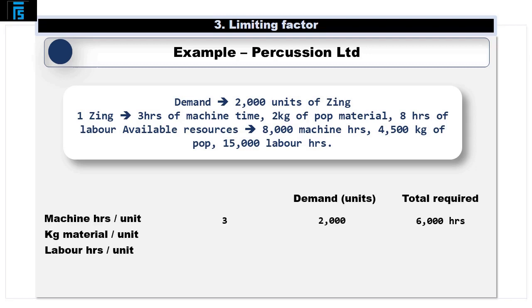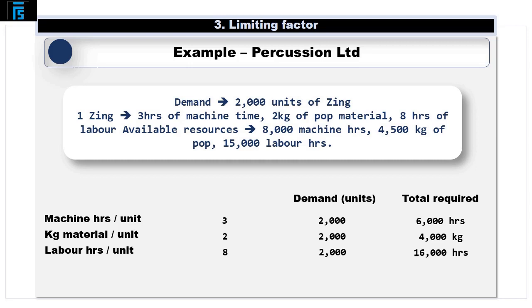To make the 2,000 units, Percussion will need to utilise 6,000 machine hours, that is 2,000 units multiplied by 3 hours per unit, 4,000 kilograms of pop, 2,000 units multiplied by 2 kilograms per unit, and 16,000 hours of labour, 2,000 units multiplied by 8 hours per unit.